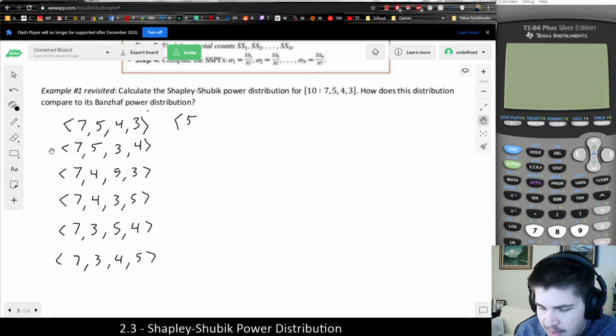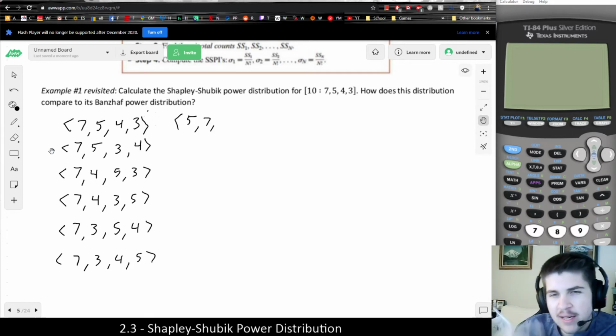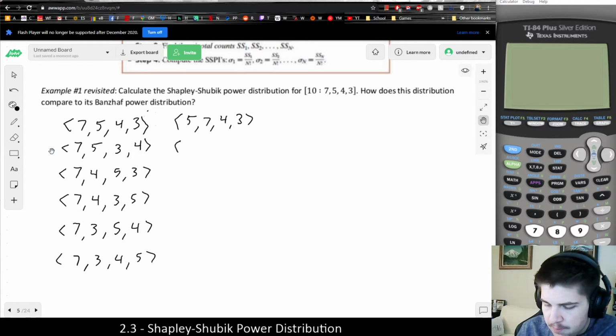So I could also think about, well, what about each of the sequences that start with player 5? In the same way, I could say, well, let's fix 2. Let's start with 7 and 5, or 5 and 7. And notice how I'm going in decreasing order. So I'm always picking the biggest option just to keep a semblance of organization with these permutations. But basically, I would start with 7 and 5, or 5 and 7. Then I could do 4, 3, or 3, 4.